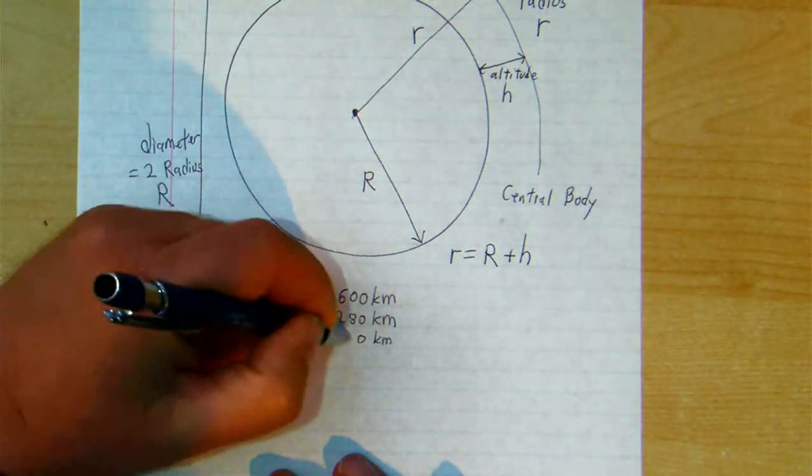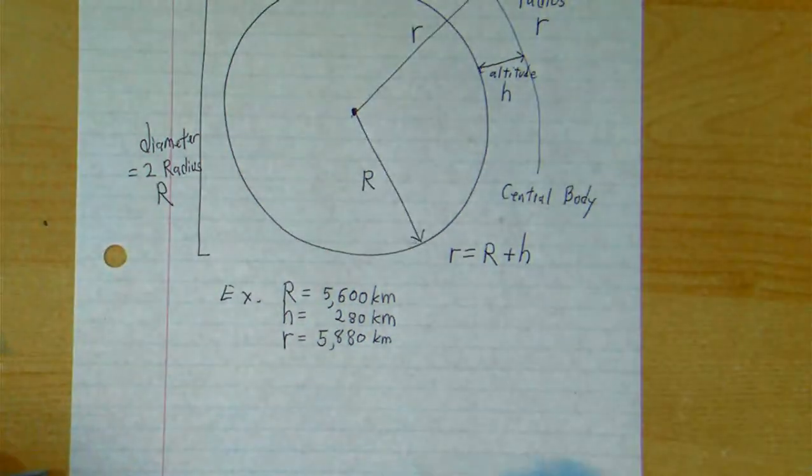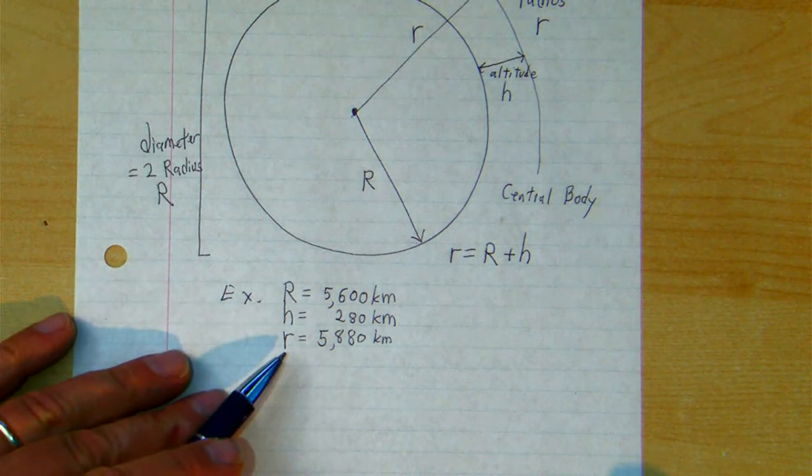So you add them together. I get 5,880 kilometers as my orbit radius in this example.